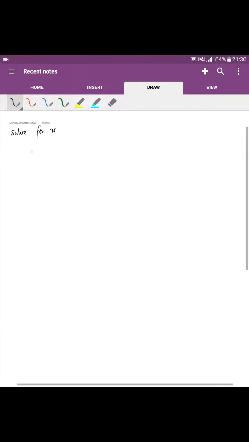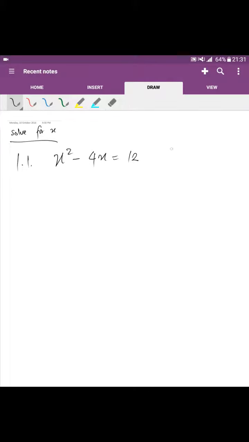Question 1.1 was x squared minus 4x equals 12. So basically, we all know that our equations should be in the form of ax squared plus bx plus c equals 0 in order to simplify everything.